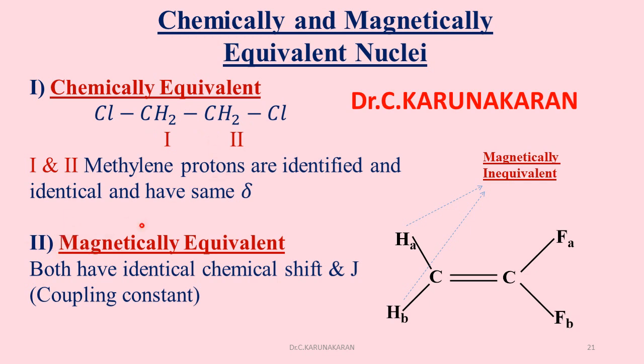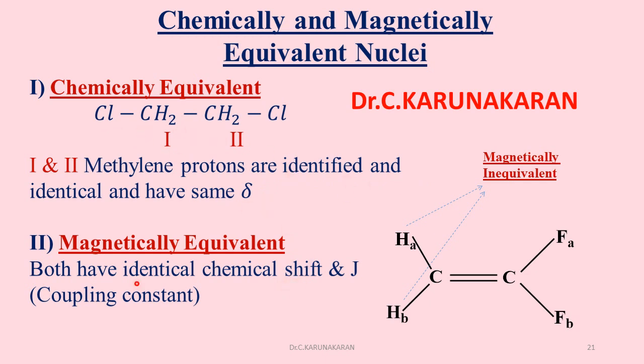Now we'll see what are magnetically equivalent nuclei. In this case, both protons have the same chemical shift and also the same J coupling constant. Here they have only the same delta value.